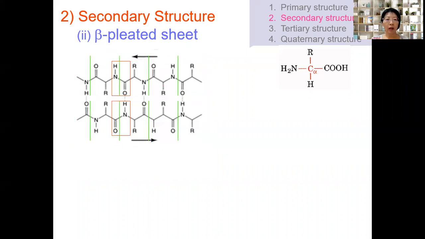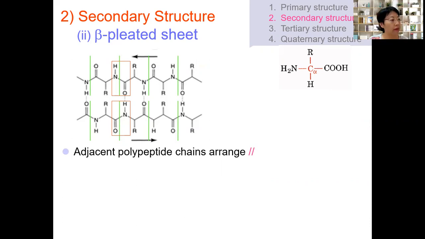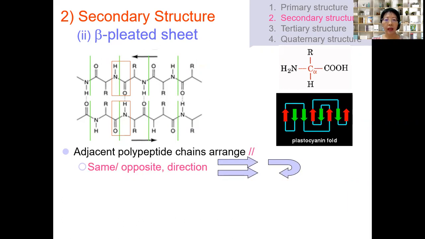Okay. So in a beta-pleated sheet, we have polypeptide chains arranged side by side, parallel to each other. And the arrangement of these parallel chains can either be of the same direction or opposite direction.